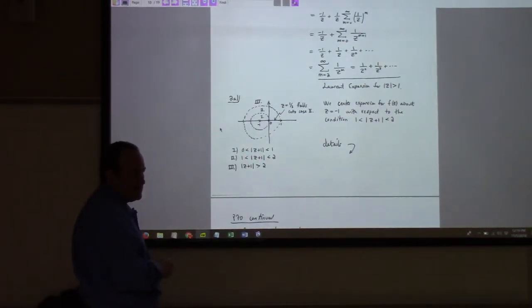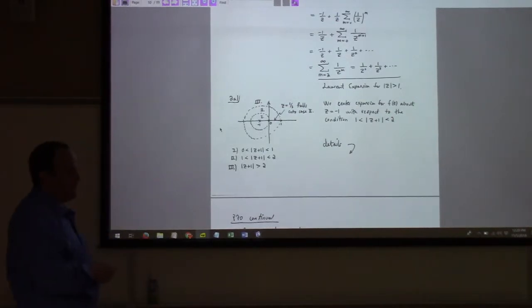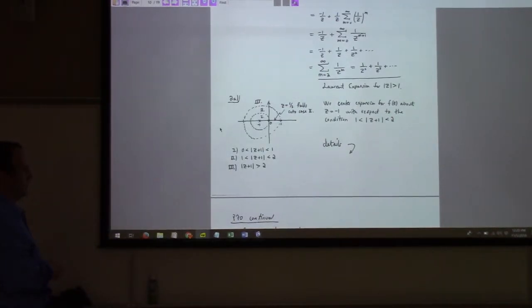That's not going to do it. We could do z plus 1 over 2. That would be less than 1, right? So we could expand if we had a z plus 1 over 2 appear, or also if we had a 1 over z plus 1, we'd have control of that. Either one of those cases.